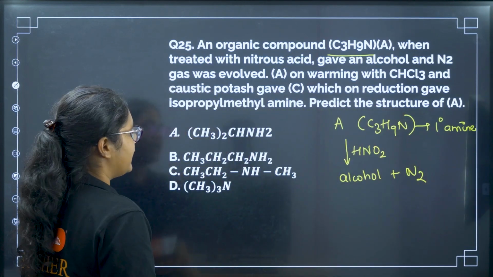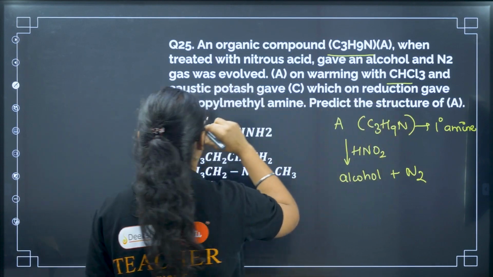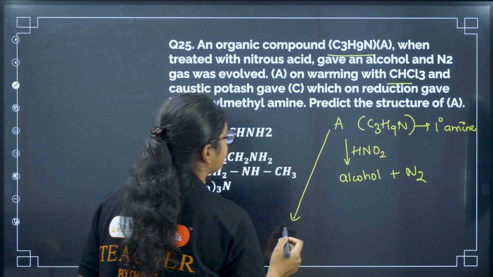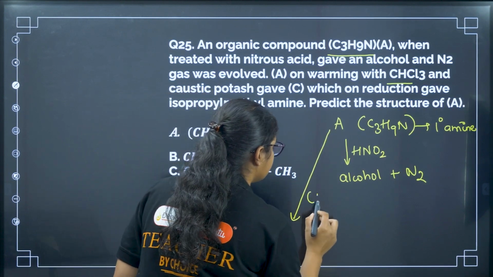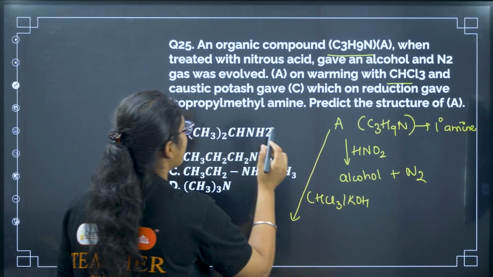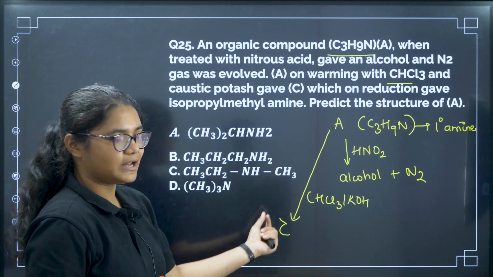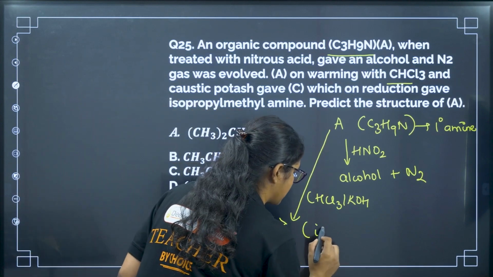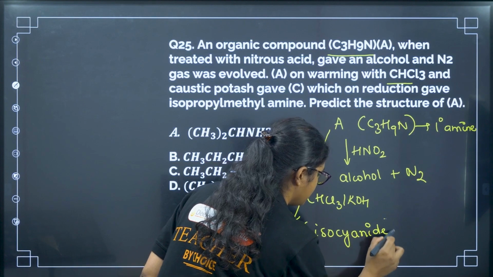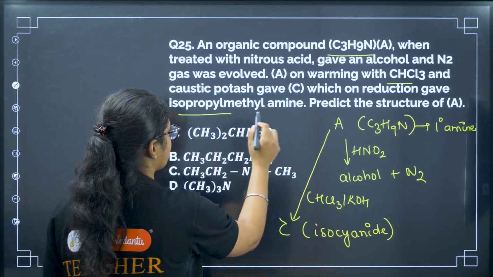Now A on warming with CHCl3 and caustic potash, that is KOH, gave C. If you remember the carbylamine test, this one must be an isocyanide, which on reduction gave isopropyl methylamine.